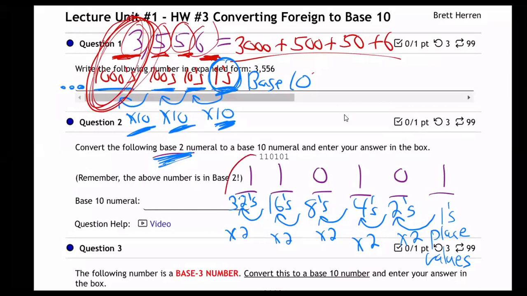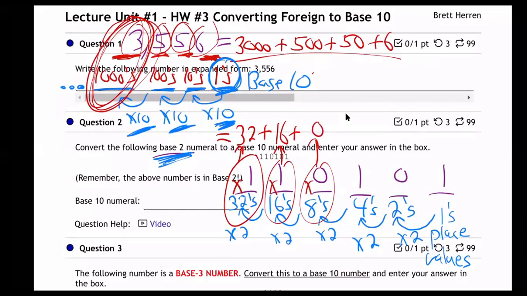Well, we do the same thing here in the base 2. We take 1 times 32. You multiply the 1 times the 32, and that'll equal 32. Plus, and then you do the next one, 1 times 16. And then the next one, 0 times 8, which is 0.